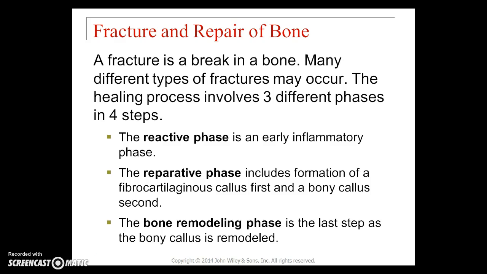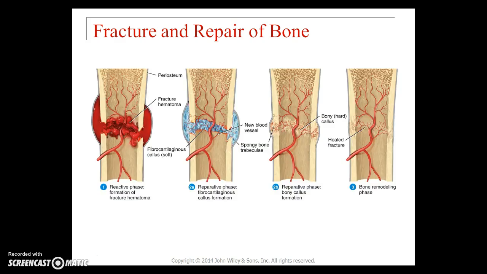The incomplete fracture means that the break does not go all the way across the bone, but a complete fracture is a break that goes all the way across the bone. And closed means that broken bone pieces don't break the skin, and open or compound means that there are broken pieces that break through the skin, which is kind of gross to think about, but anyway.